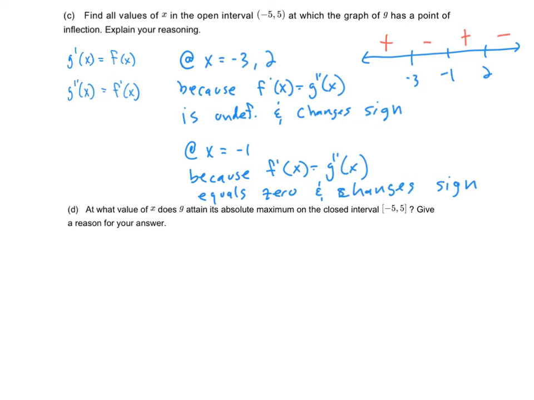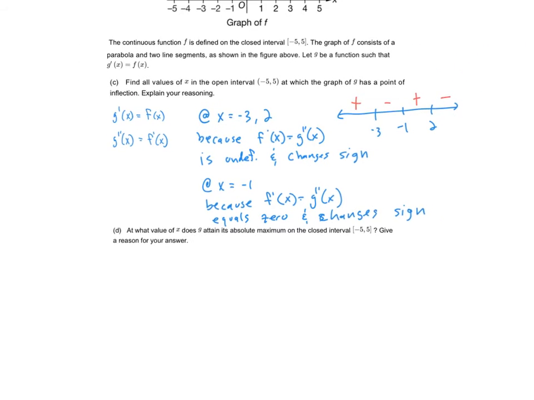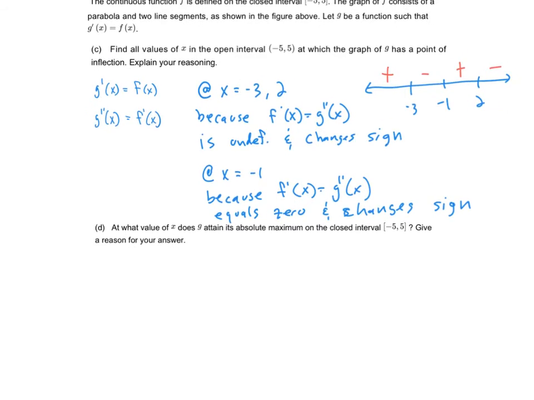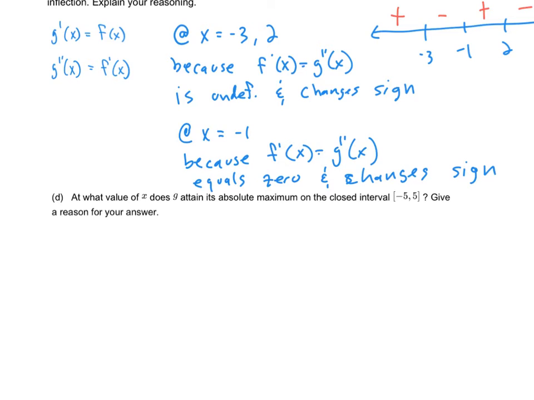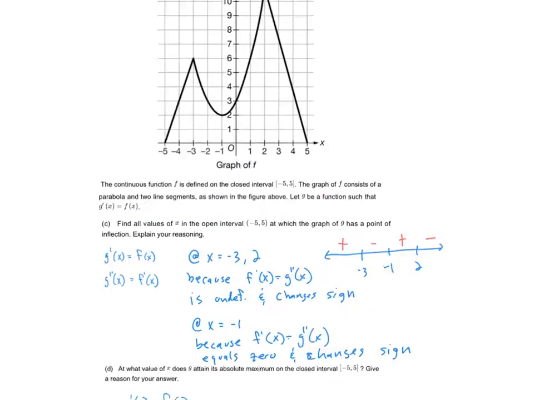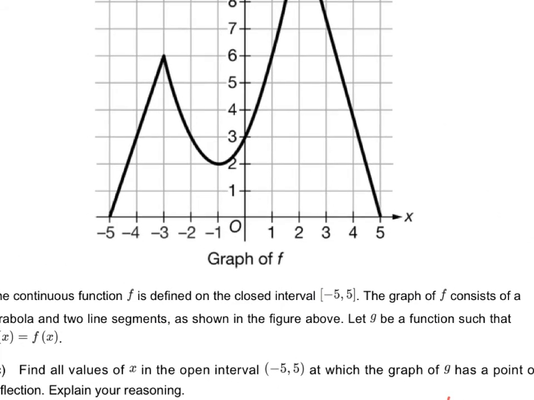So we want to find all the critical values of g. Keep in mind g prime equals f. Critical values of g are where g prime is either 0 or undefined. So really it's where f is either 0 or undefined. So we go up here. You can see f is never undefined.